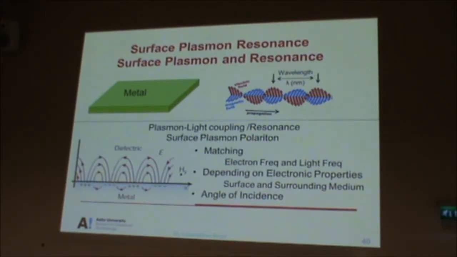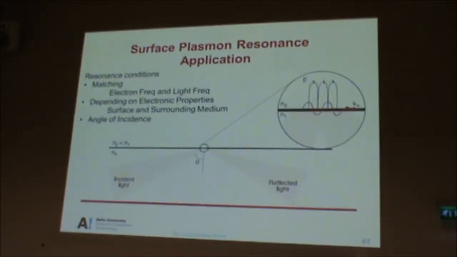And this happens a lot on the metal surface. That's why it's called surface plasmon resonance. Okay, so now how do we use this process to get some useful information? Let's say you take a surface of metal, and there is incident light and it's getting reflected.